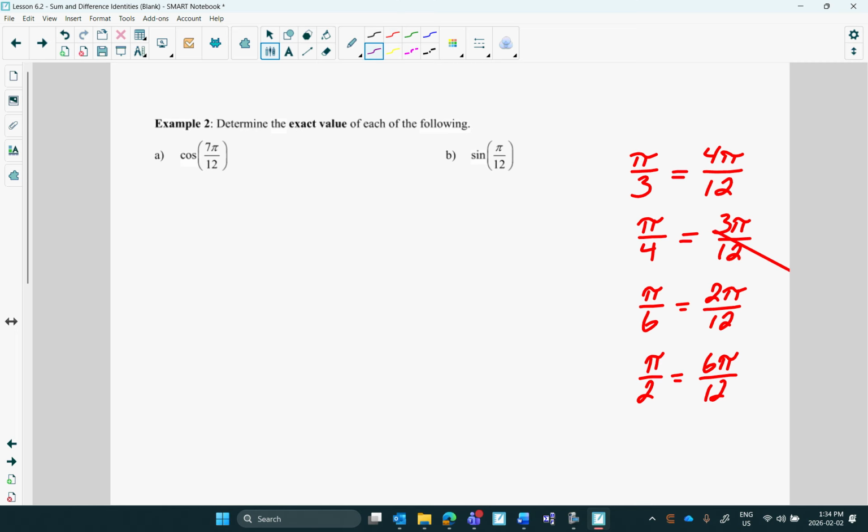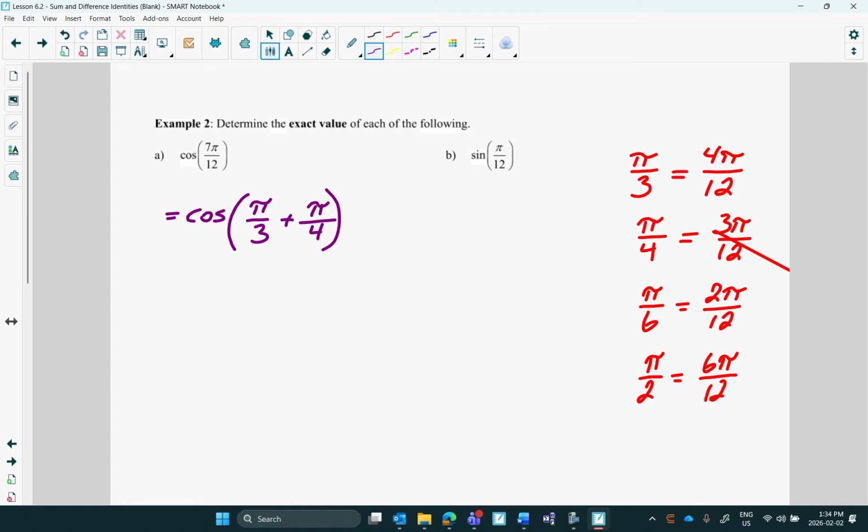So isn't this the same as cos of 4 pi over 12, which is pi over 3, sorry, pi over 3 I should be writing, plus pi over 4. Why did I do that? Because I know how to work with these angles on the unit circle. Okay? So this is the same as this.